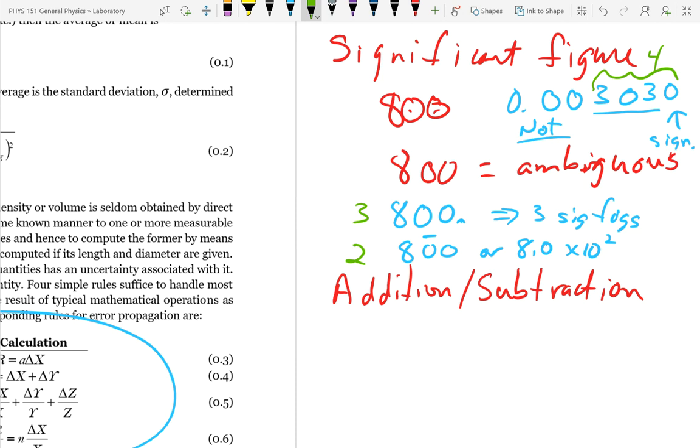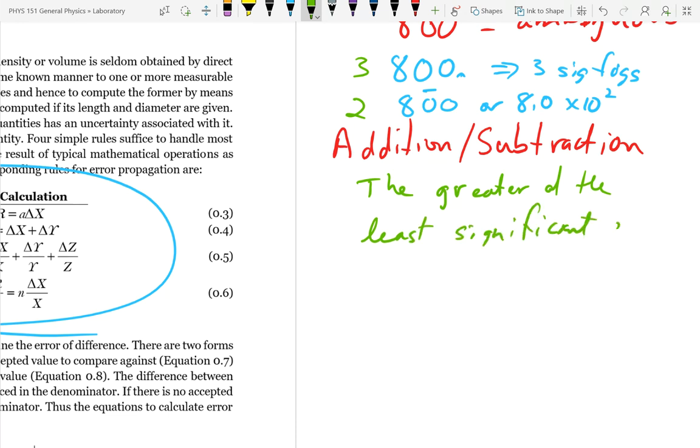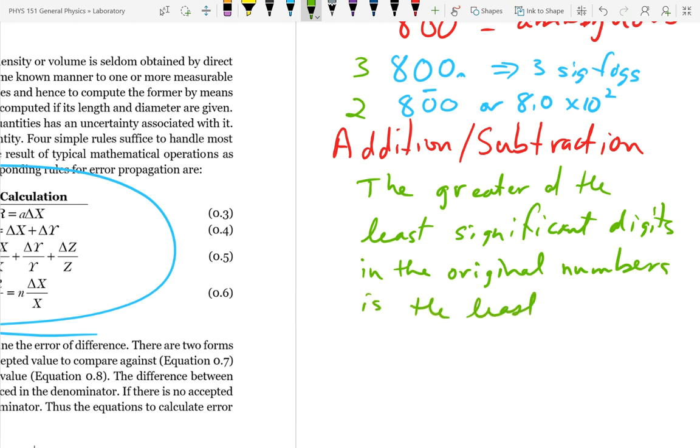Then we have the rule for addition, subtraction. And that rule says, mealy mouthed as can be: the greatest of the least significant digits in the original numbers is the least significant digit in the answer.